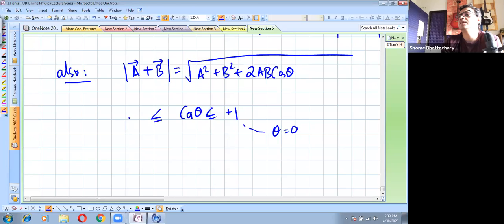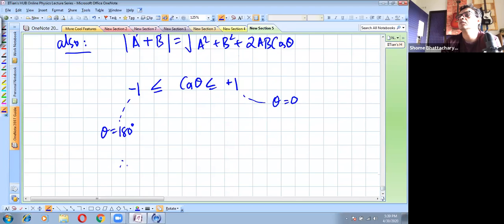And its minimum value is how much? With 4 quadrants in mind, the minimum value is not 0, it is in fact minus 1. And that happens when theta is equal to 180 degrees. So you can see that when cos theta is becoming plus 1, the term inside the square root is becoming a plus b whole square. Whereas when cos theta is minus 1, this term is becoming a minus b whole square. Okay, so you can see over here that mod of a plus b is equal to the magnitude of a plus the magnitude of b.